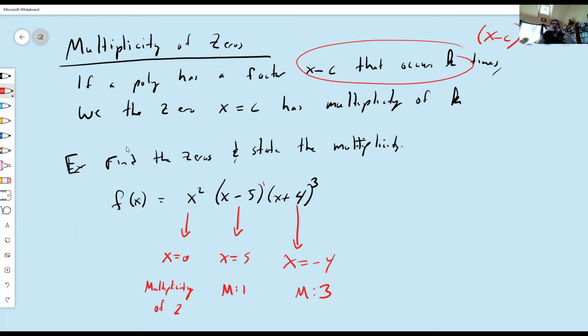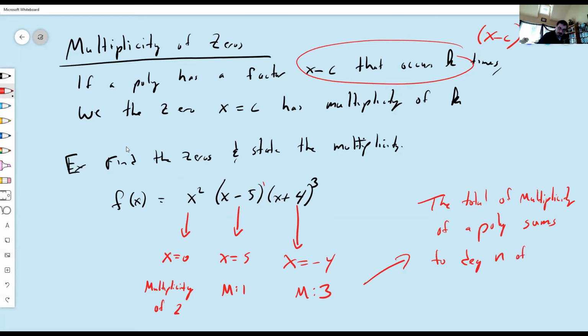And your multiplicities should add up to n. So just note here, the total of multiplicities of a polynomial sums to the degree n of the polynomial.